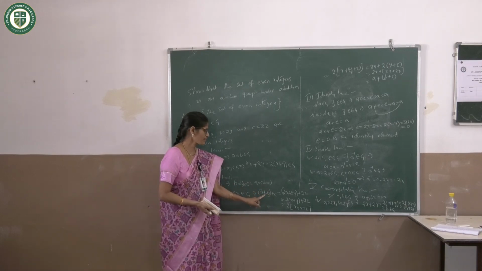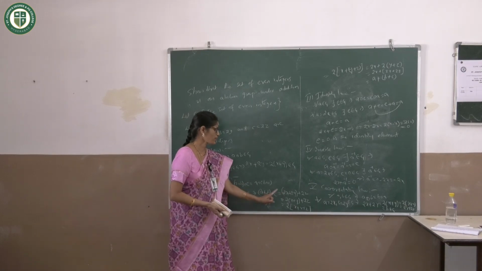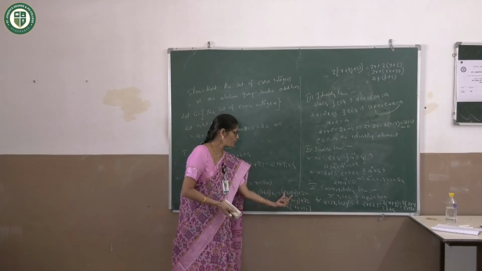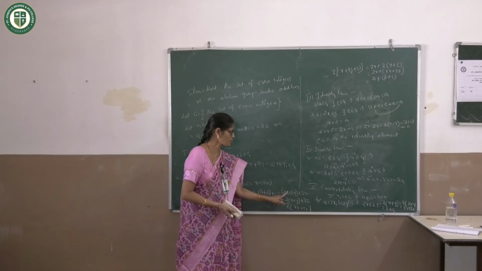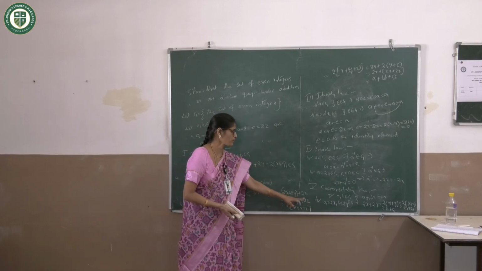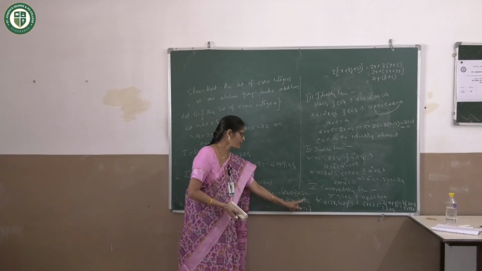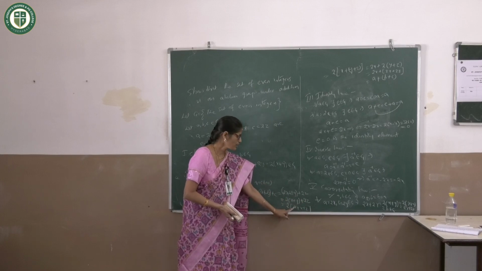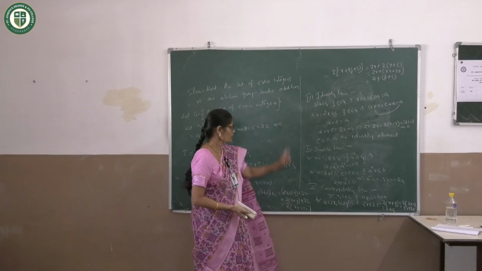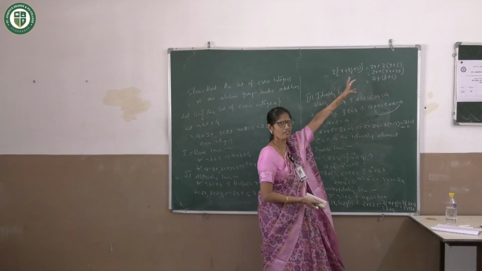So a is 2x, plus b is 2y, plus c is 2z. In the first two take 2 common: 2 of x plus y, plus 2z. On the whole 2 is common, so take out: 2 of x plus y plus z.